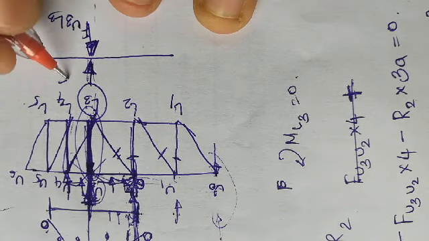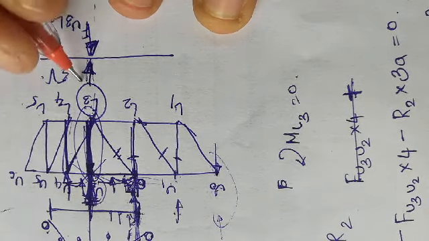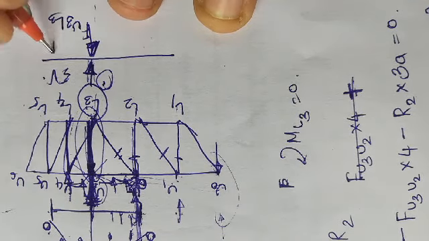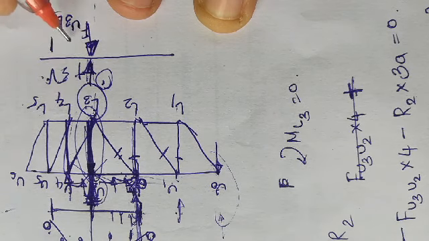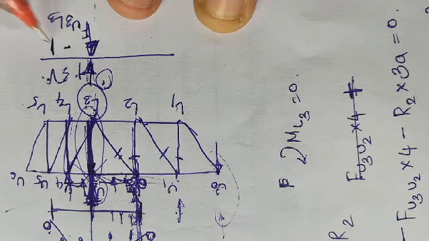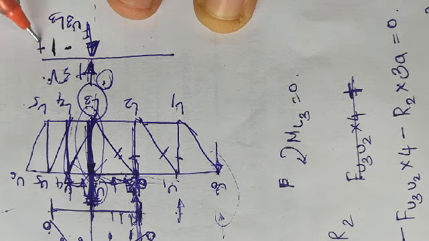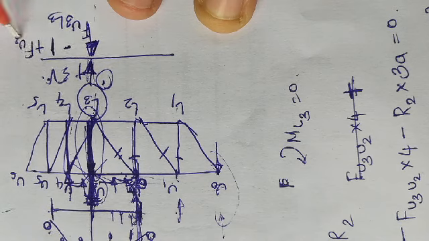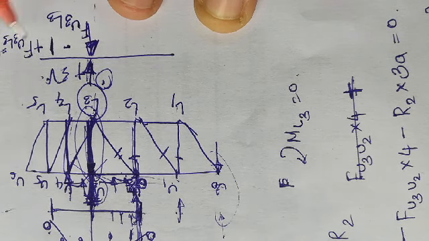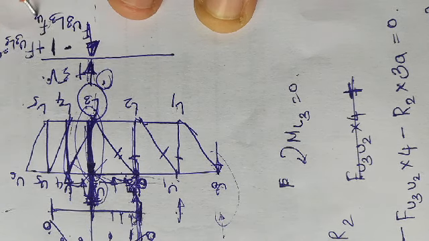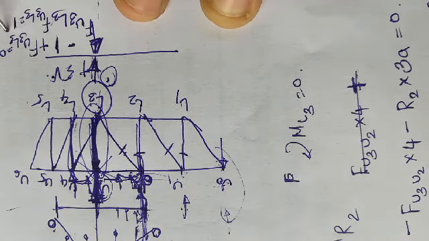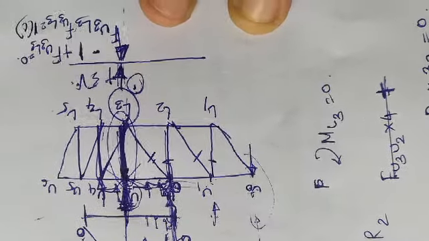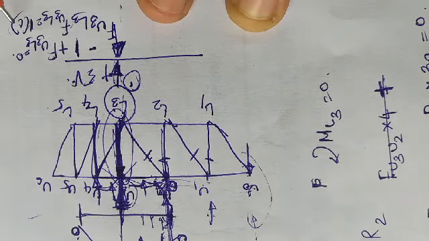Now if I take the summation of vertical forces, what will it be? If this is unit load 1, and I take upwards as positive, then minus 1 plus force in U3 L3 will be equal to 0. Therefore force in U3 L3 will be equal to 1, and it is compressive.